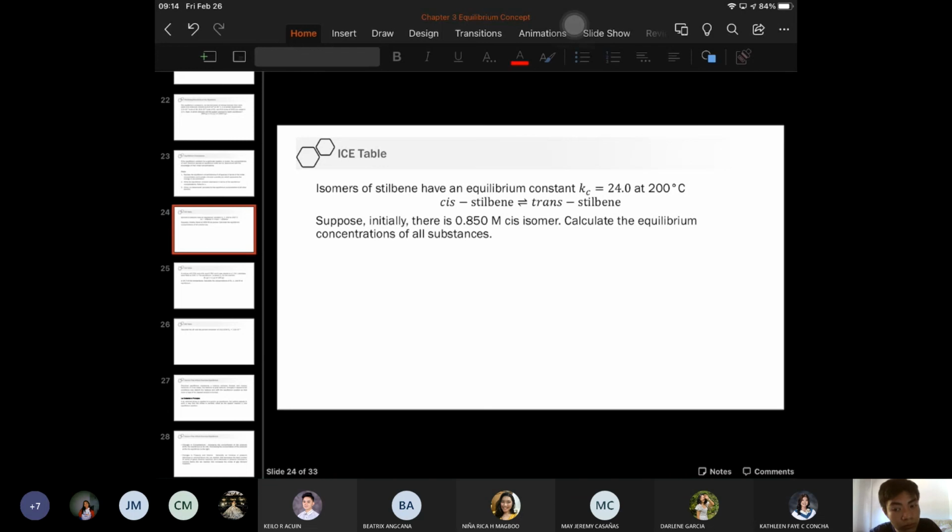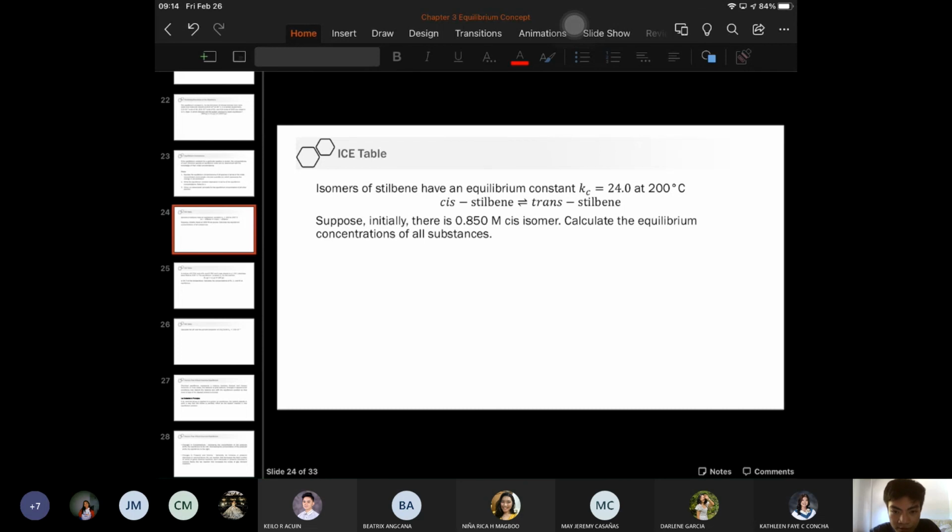You can use the reaction quotient Q to determine the direction, or you can use Le Chatelier's principle to predict where the reaction is going. If the reaction is going to the product side, the change for the reactant is negative and the change for the product is positive. If the reaction is going to the left side, the change for the reactant is positive and the change for the product is negative.